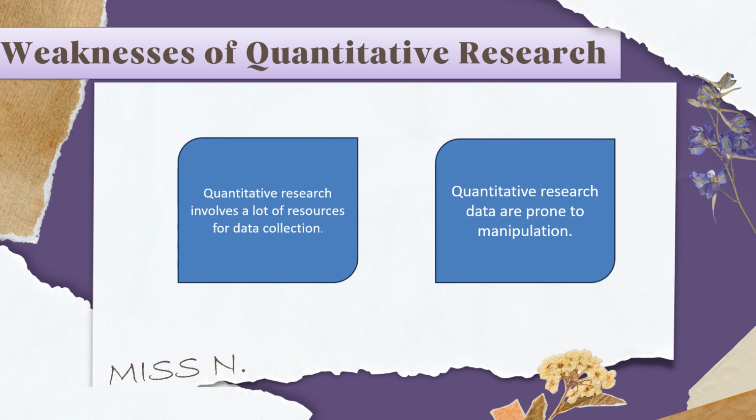What a researcher does is to manipulate the data in order to conform to the expected result he wants to generate. Manipulation of data should not be tolerated for any reason or in any form since it is a violation of the ethical standards in research.